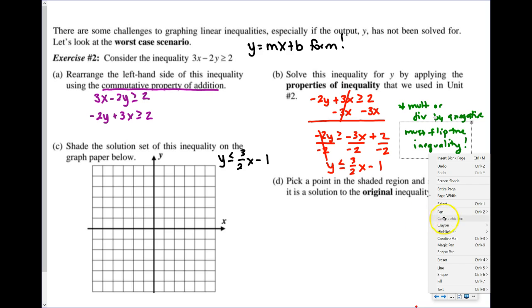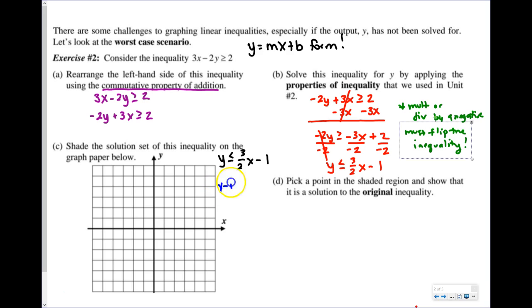I'm going to start graphing it like I would a normal line. So in a normal line, I would find my y-intercept. My y-intercept here is negative 1, so I'm going to go plot a negative 1 right here. My slope in this equation is 3 over 2, which means I'm going to go up 3 and over 2 when I start graphing.